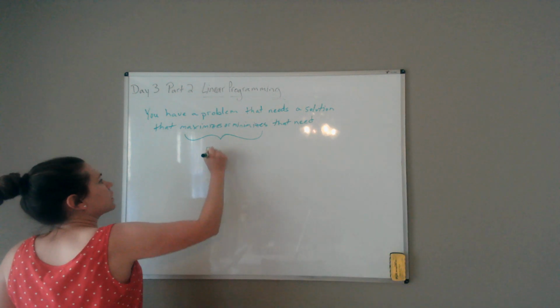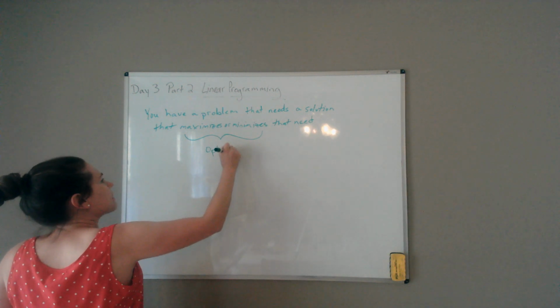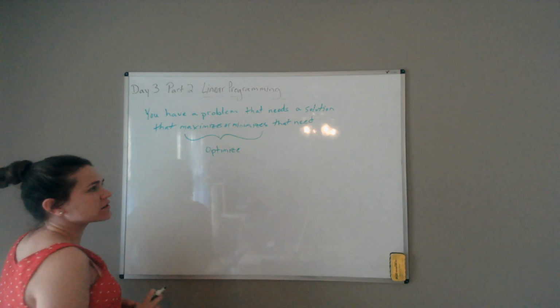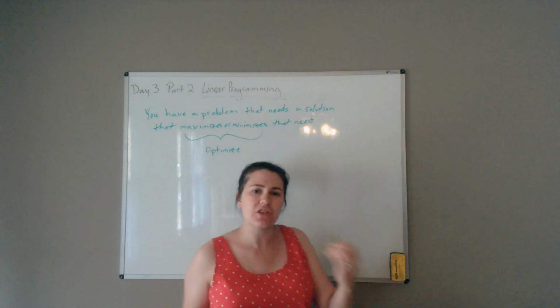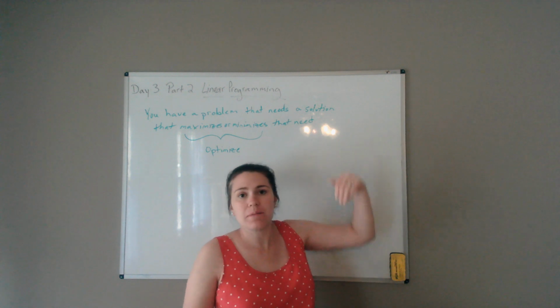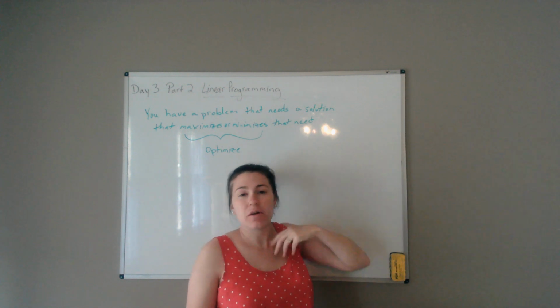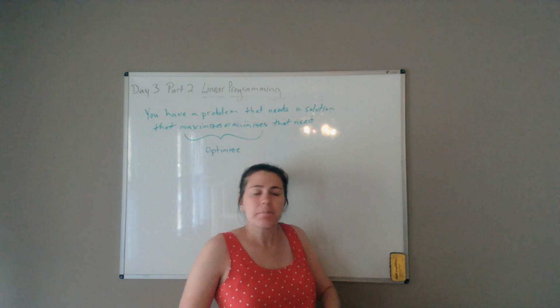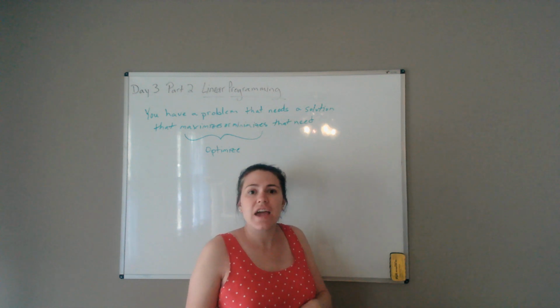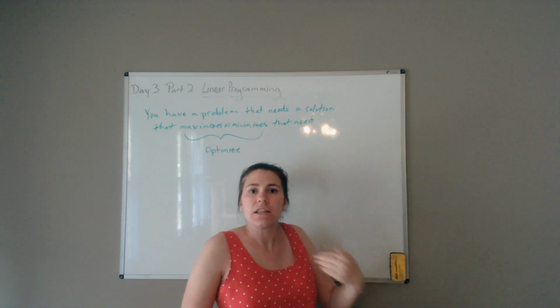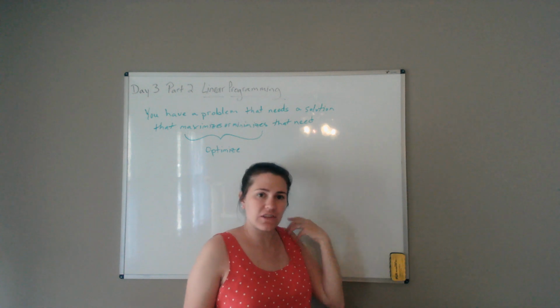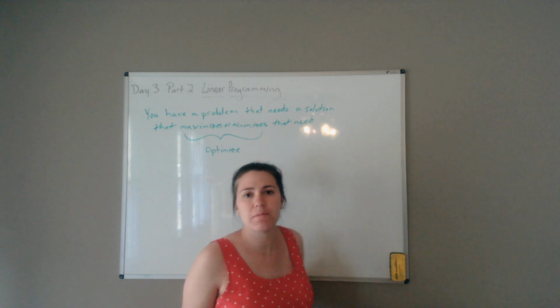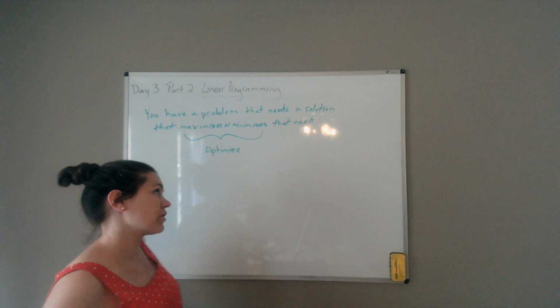So another word is called optimize. Optimize means you want the optimal solution, the best solution. So sometimes maximum means the best when you're talking about maximum profit, okay? If you wanted to, let's say, minimize the cost to you, okay, that's still optimization. You want the minimum cost because that would be the best cost for you.